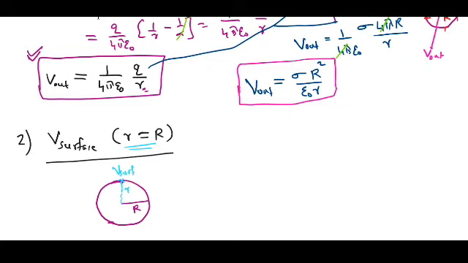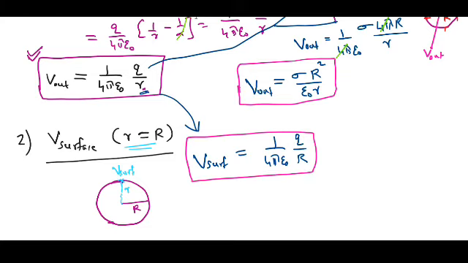Then we can calculate the potential in two ways. The first one is simply to use this expression and substitute capital R instead of the small r. That is, V at the surface can be written as 1 by 4 pi epsilon 0 Q divided by R. This is the electric potential at the surface of the spherical shell if R is the radius and Q is the total charge. Now in terms of the surface charge density, I can use this expression.